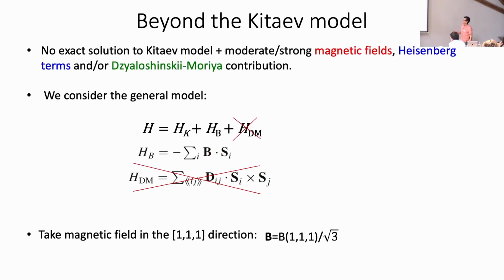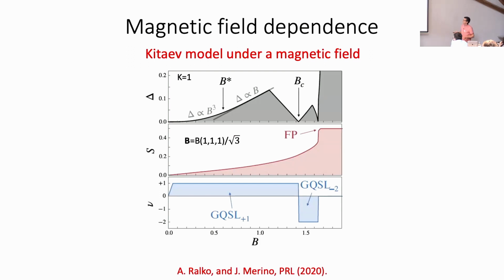So if we just treat first the magnetic field acting on the Kitaev model, so we now just add this. The main results are this. So this would be how the gap, the magnetization and the Chern number behave as a function of the magnetic field. And so essentially we open the Kitaev gap. This is consistent with the perturbation theory.